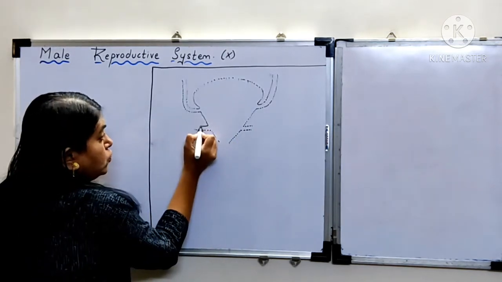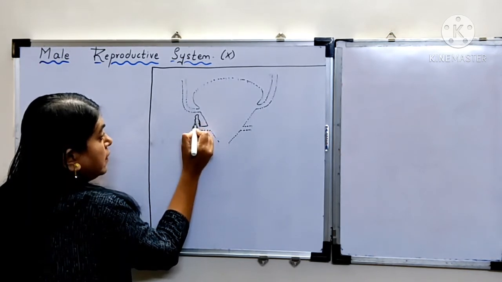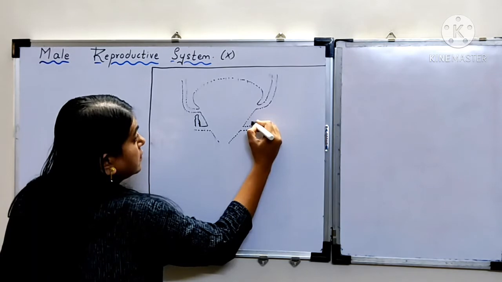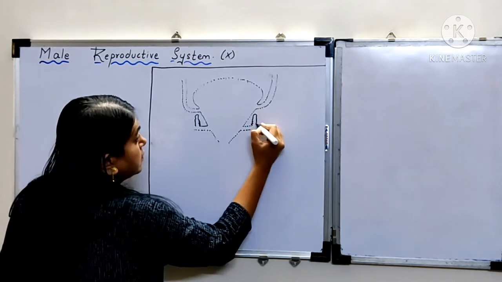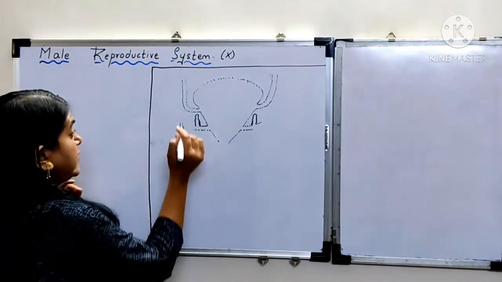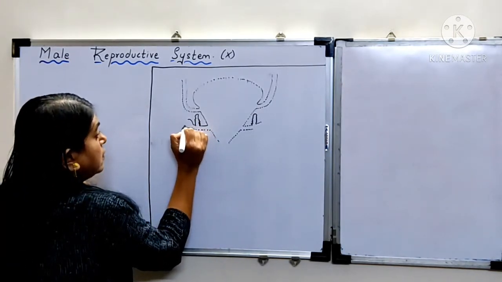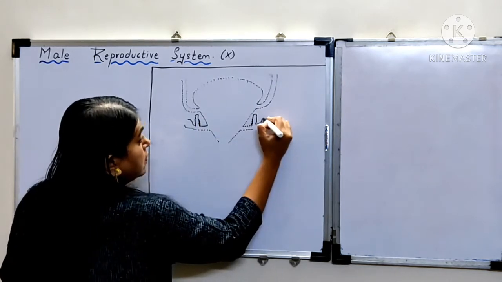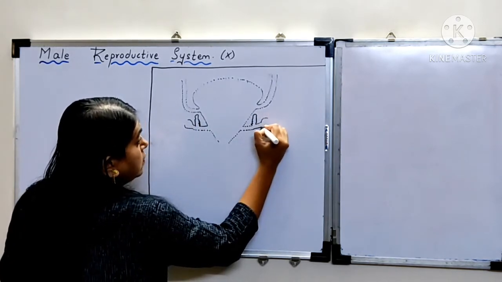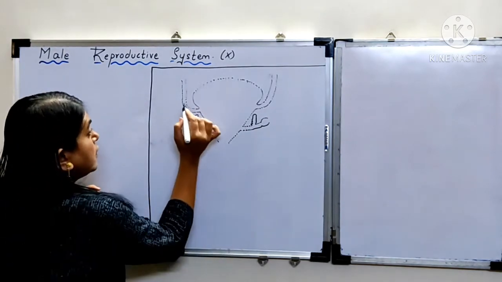Then you are going to show one small duct like this. This way on both the sides. A small bulge over here like this on both the sides.